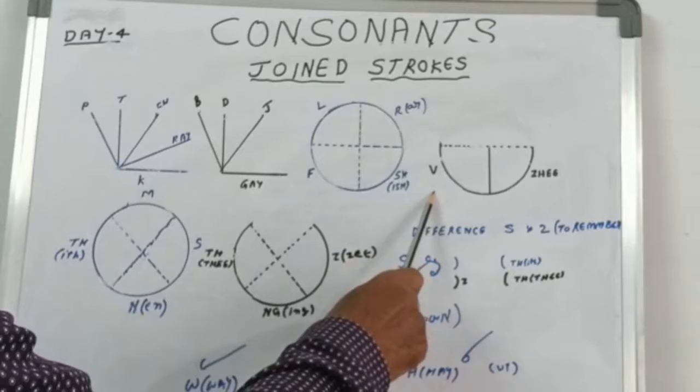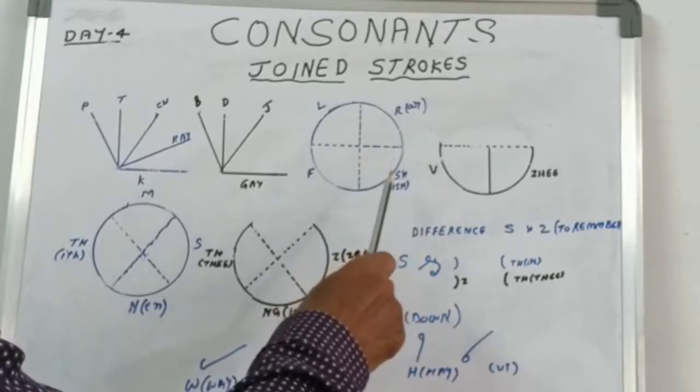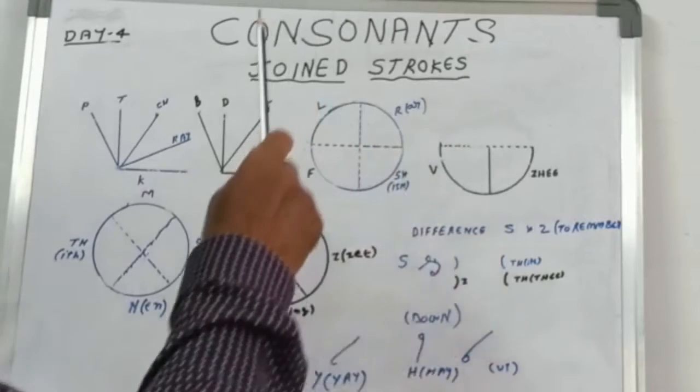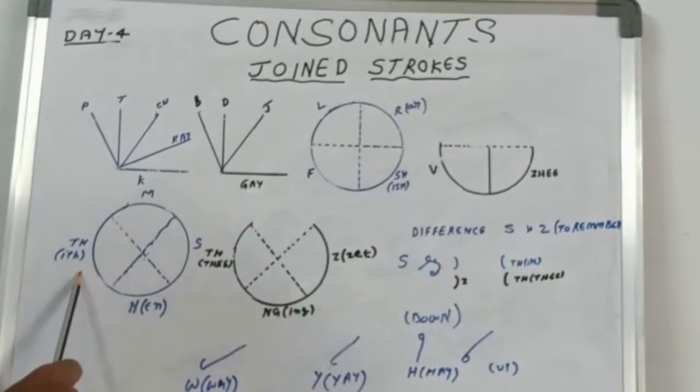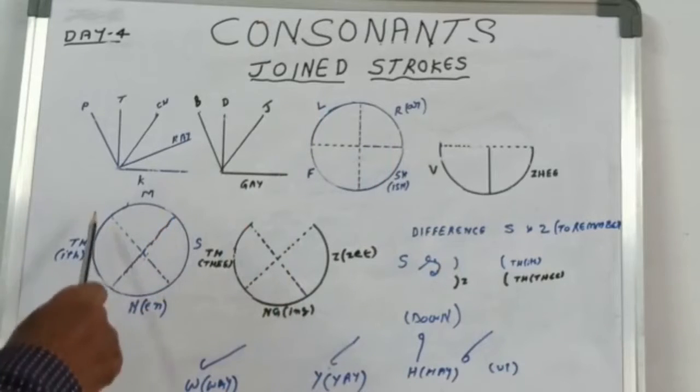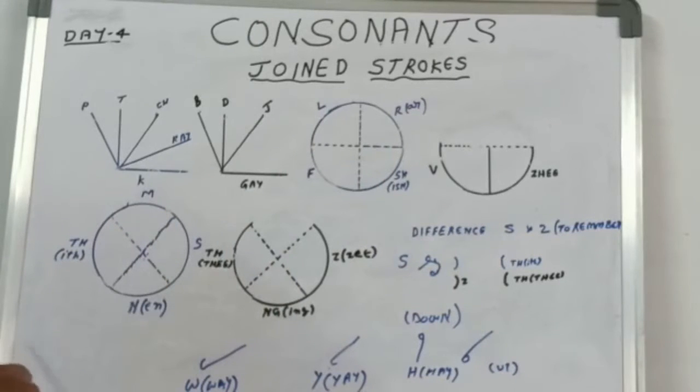Thicken F, it is V. Thicken Ish, it is Zh. Take this circle and divide it into 4 parts. This part is Ith, opposite is S. Thicken Ith, it is Dh. Thicken S, it is Z.